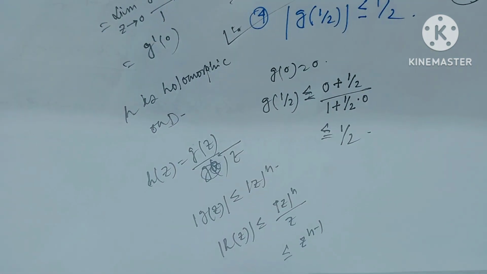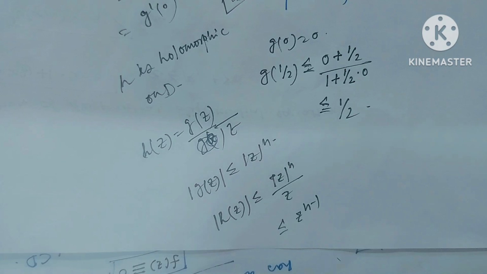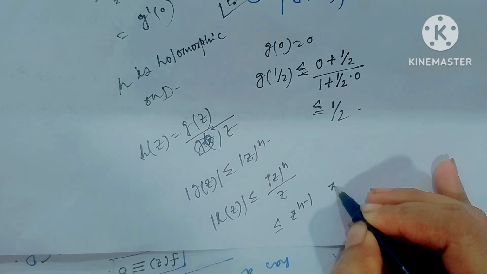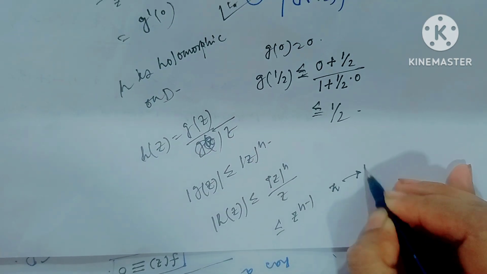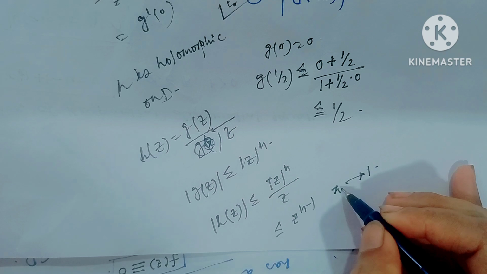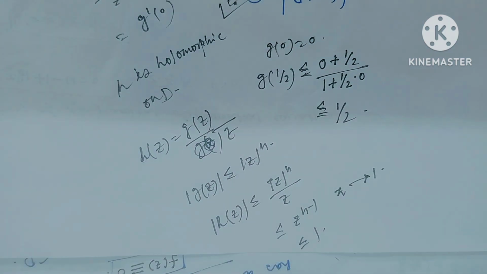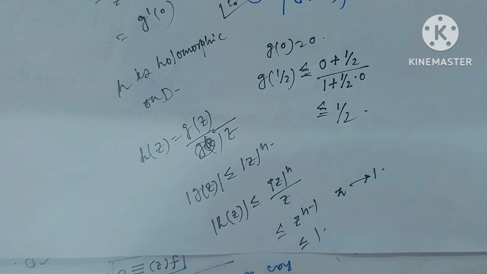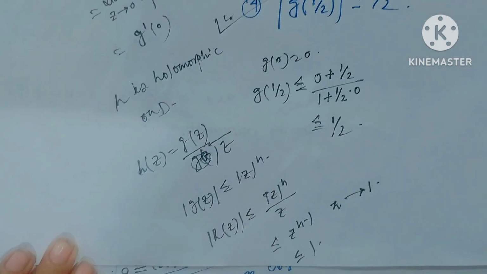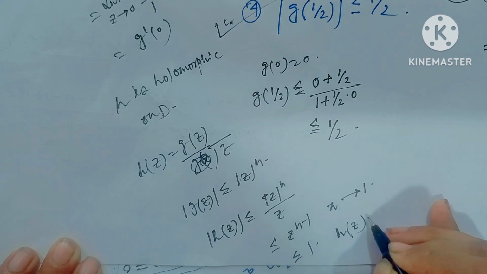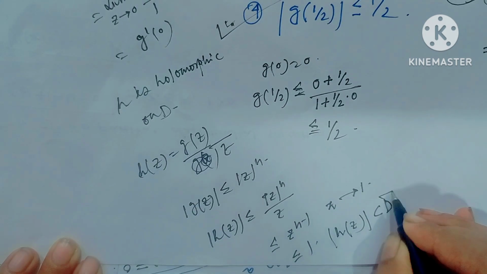Okay, I hope all my viewers have understood. That means absolute value of h(z) is less than or equal to modulus of z to the power n minus 1. When z tends to 1, this value is less than or equal to 1. So since the absolute value of h(z) is less than or equal to 1, that means h(z) is continuous on D closure.